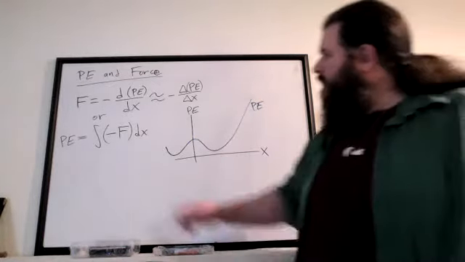And as they're passing through stable equilibrium, let's say you're approaching stable equilibrium. As you approach it, you're losing potential energy. So what else is going to happen? If you lose potential energy, then presumably you would increase kinetic energy.